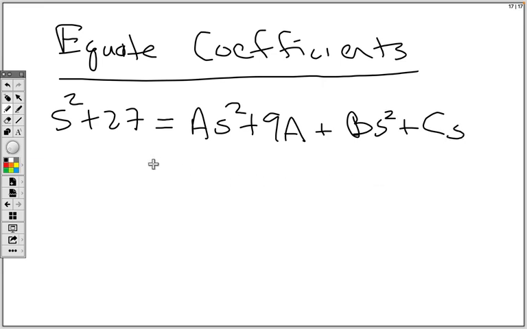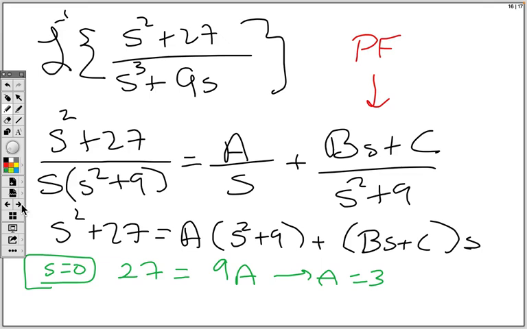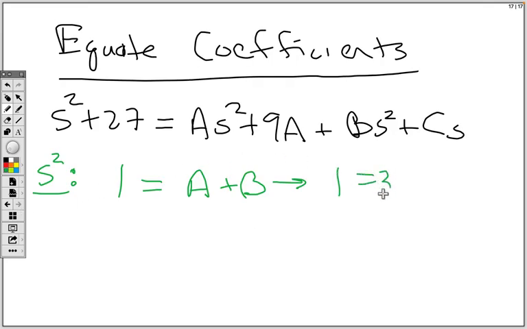So if I look at equating coefficients, what I do is I look at the powers of s on both sides. Here, s squared, on the left-hand side, I've got 1s squared. On the right-hand side, I'd have as squared plus bs squared. But I just found out a was 3. So what do I get for b here, folks?